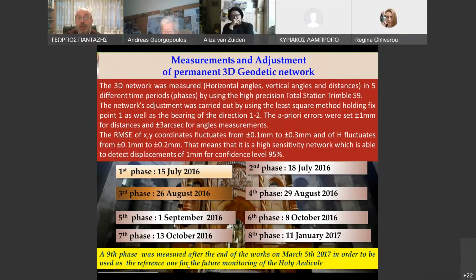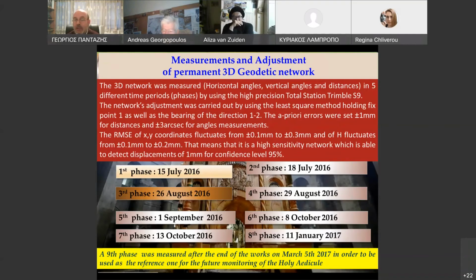The adjustment of the 3D network was carried out by using the least squares method, and the RMSE of the X and Y coordinates fluctuates from 0.1 millimeter to 0.3 millimeters, and the third coordinate, the orthometric height, fluctuates from 0.1 millimeter to 0.2 millimeters.